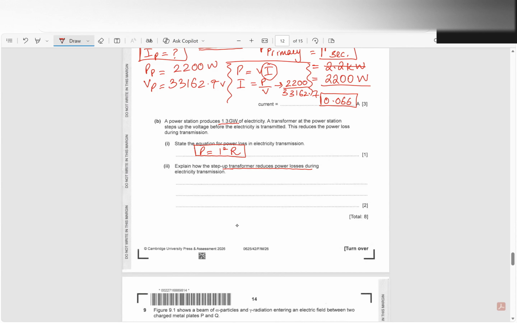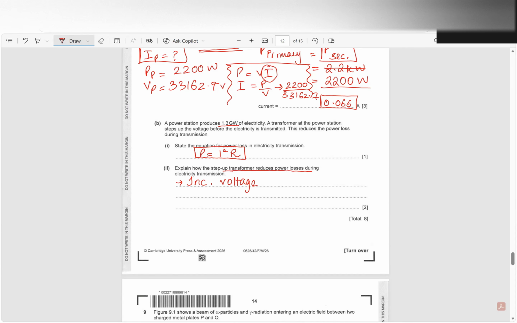Whenever we talk about step-up transformers, always remember, number one, step-up transformers do what? They increase the voltage. And this is something you are much aware of. And as they increase the voltage, the current decreases. Current is going to do what? It is going to decrease.